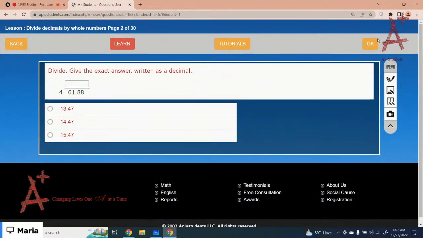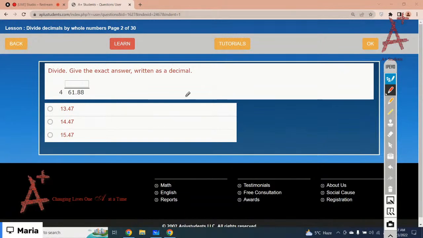Okay, the next one is 61.88 and you have to divide it by 4. So again, the dividend is a decimal and the divisor is a whole number. Just divide without the decimal point. 4 times 1 is 4. 6 take away 4 is 2.